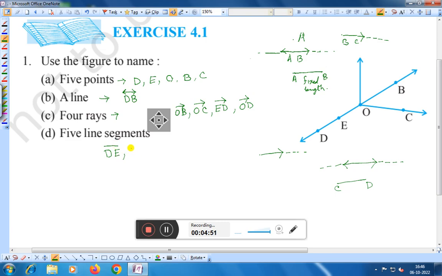DE, EO, another line segment OC, another line segment OB, and the fifth can be written as OD.